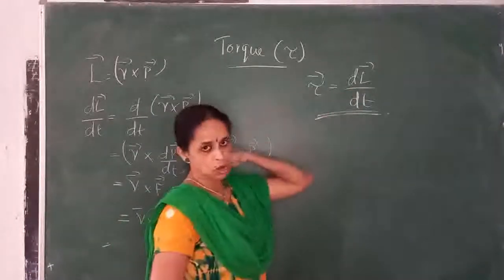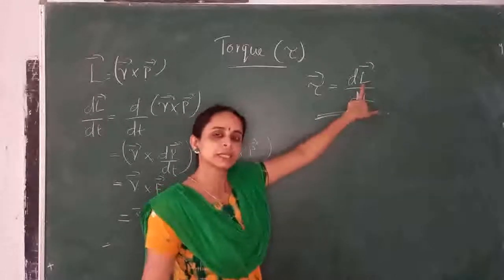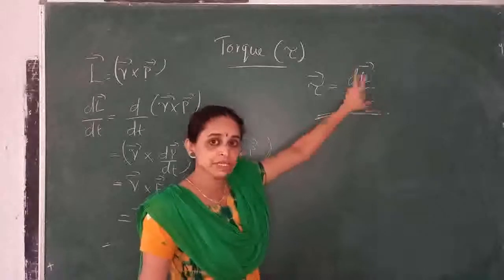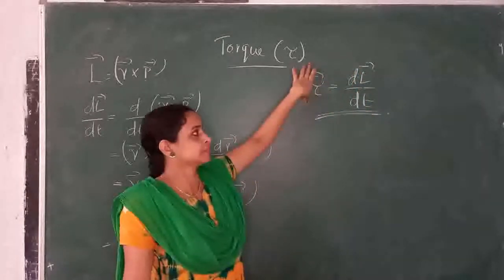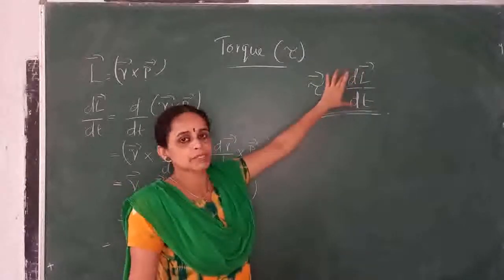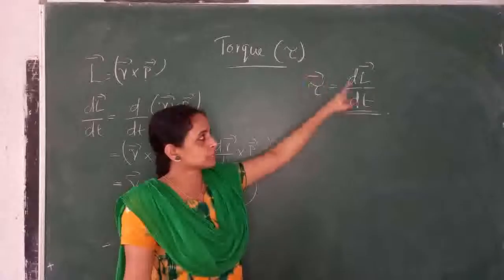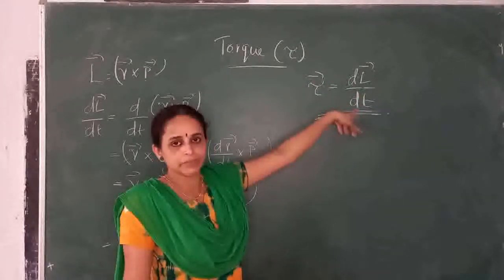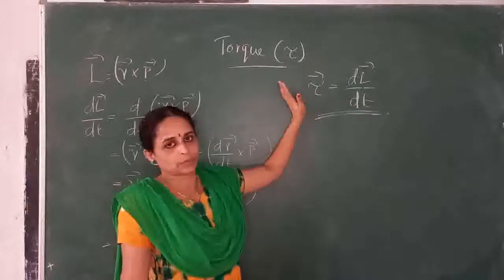If L is a constant, that is, if angular momentum is conserved, then the torque acting on the body will be 0. If there is no change in the angular momentum with respect to time, then the torque acting on the body will be 0.